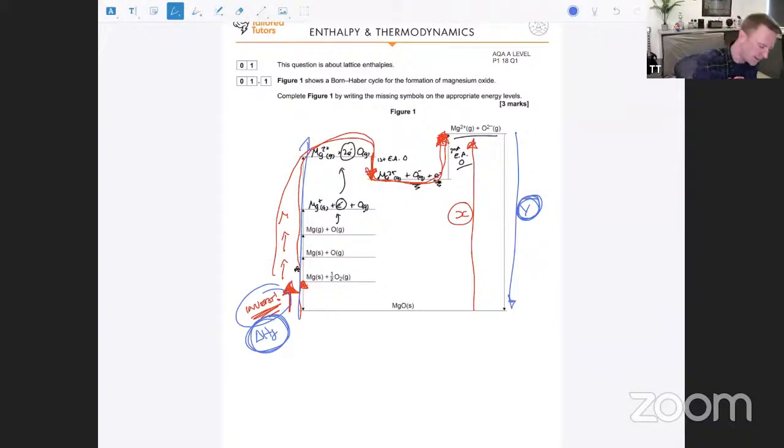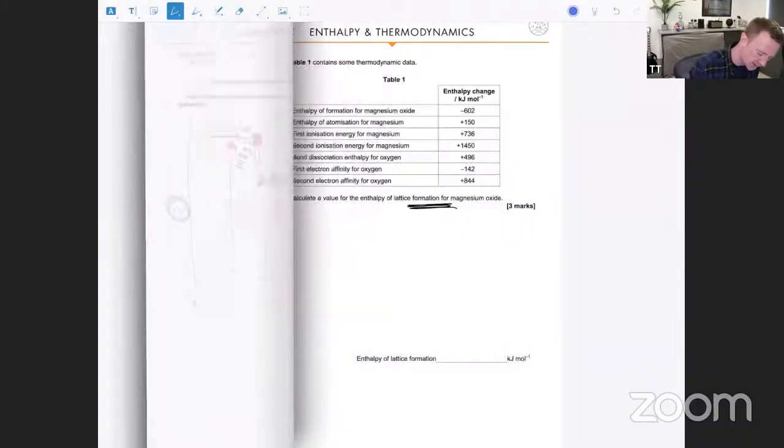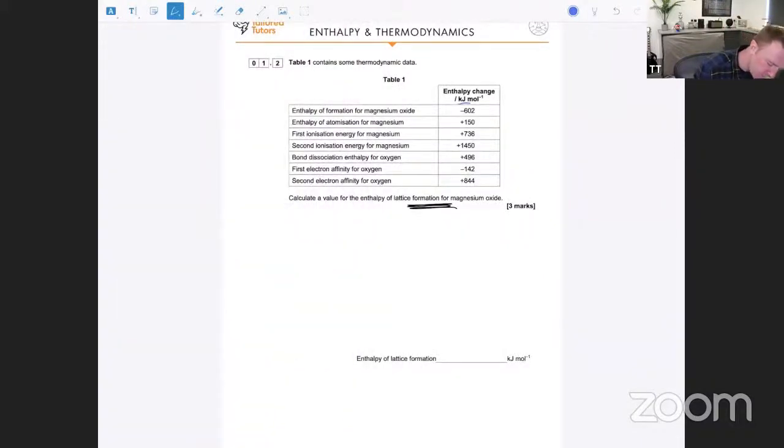So putting this into context, enthalpy of formation, I've inverted that, remember. So I'd say plus 602, plus 150, plus 736, plus 1450, plus bond dissociation enthalpy for oxygen.